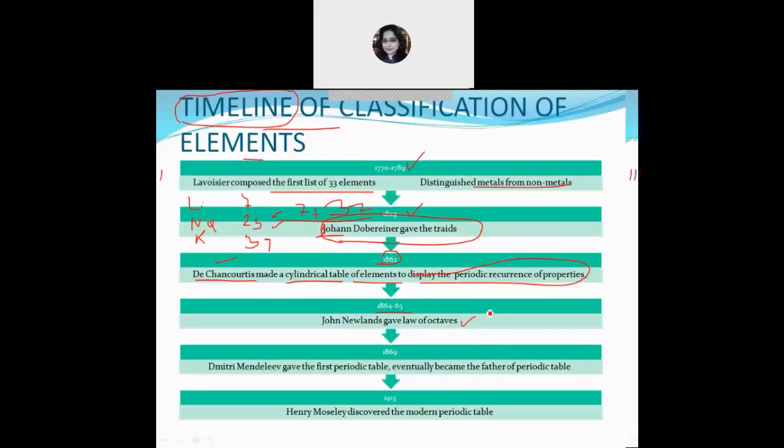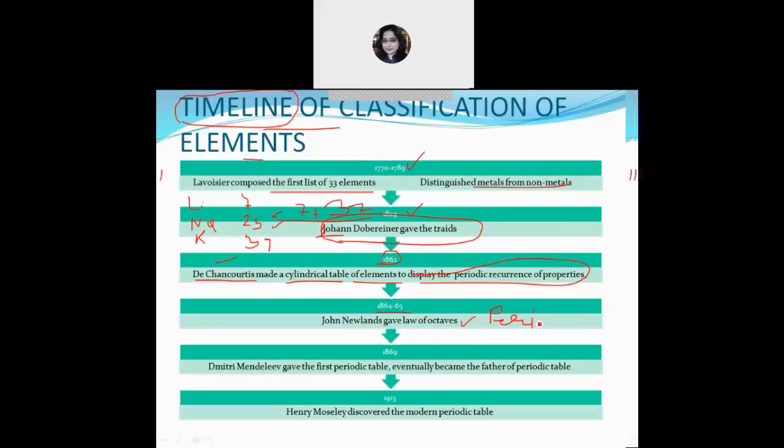Okay, so the next element had very different properties, so this became the limitation. All right, so this law was applicable only up to calcium and it could not be extended further to other elements. So Newlands also talked about periodicity, that after a certain period, properties get repeated. So the concept of periodicity was taken from Newlands' theory.